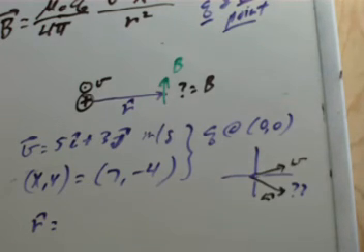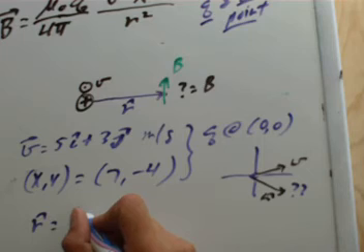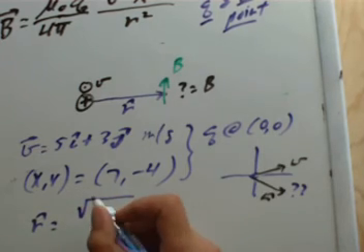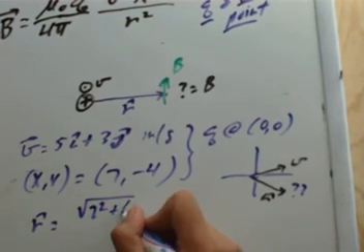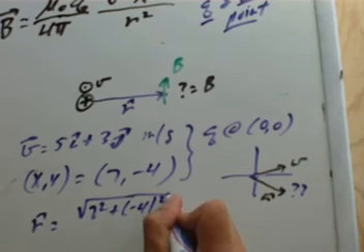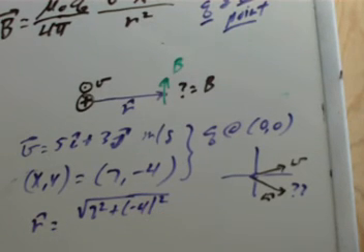Bit hard to compute though, but if I just rely on the properties of the cross product here, my r hat vector can be found by just finding the r vector here, which is going to be the square root of 7 squared plus minus 4 squared. That's how far away from the charge I am. Then of course you want to normalize that.